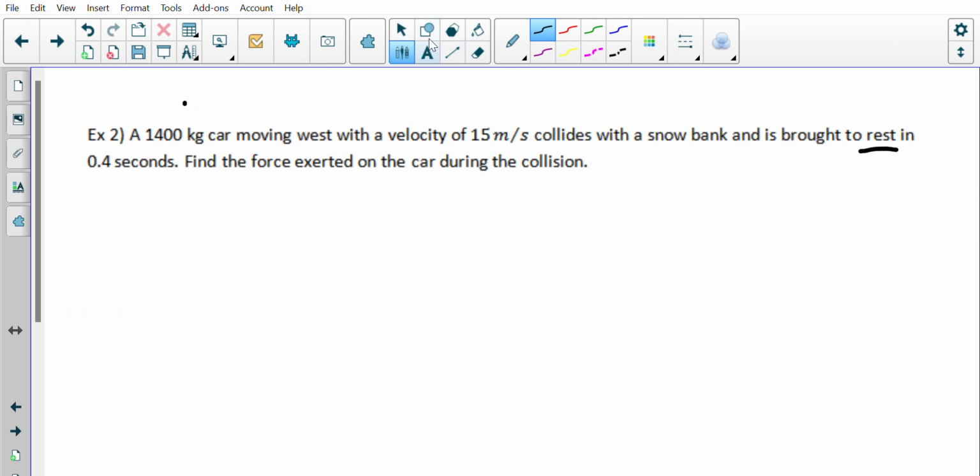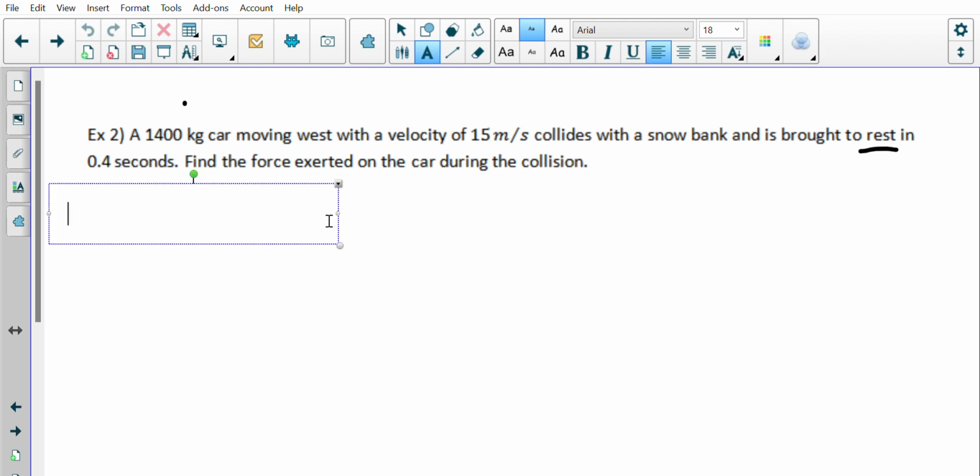I'm going to write down the information that I have, and I always like to read my examples once and then read them again to get the information. Right out of the gate, it says a 1,400 kilogram car, so that is our mass, 1,400 kilograms, in our standard units. It is moving west with a velocity of 15 meters per second.